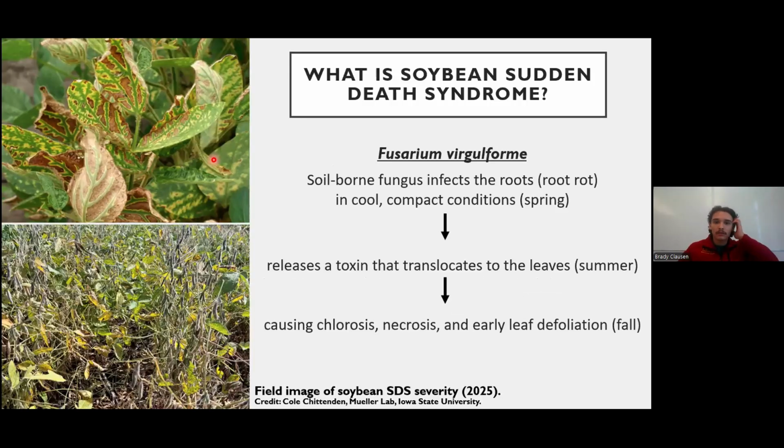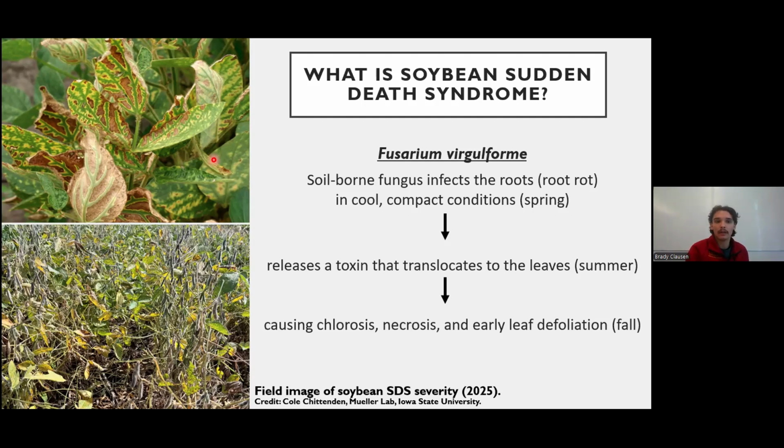Before I get into some of my experiments, just a little background information on what soybean sudden death syndrome is. Essentially, it's a fungus known as Fusarium virguliforme, which during the springtime, when we have cool, compact conditions, is going to infect the root. After the roots are infected, it releases a toxin that translocates to the leaf during midsummer.